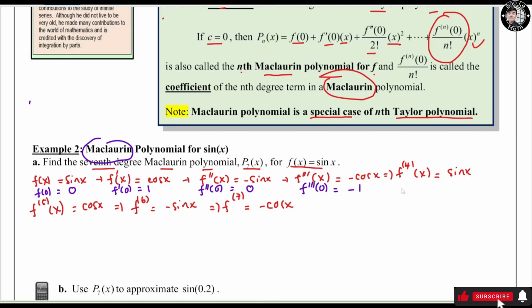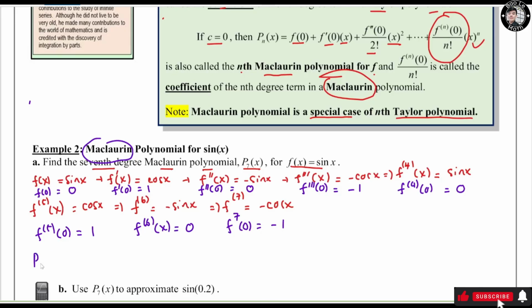Now the fourth derivative equals 0. The fifth derivative at 0 is going to be 1. The sixth derivative is going to be 0. And the seventh derivative is going to be negative 1.